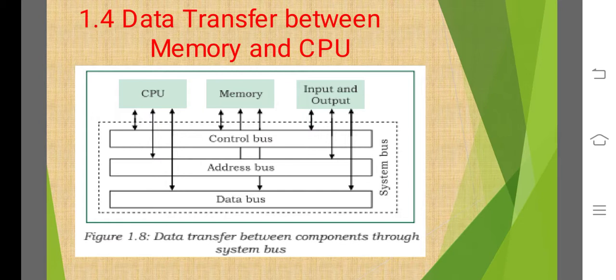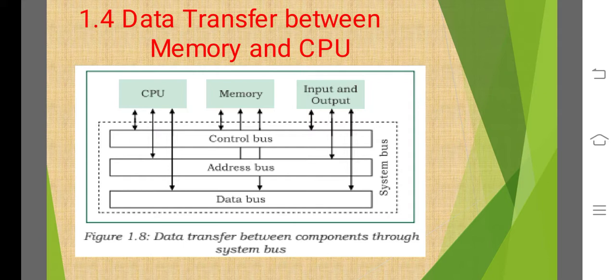See here, in data transfer between memory and CPU, in this diagram you see how the data is transferred through the bus. Data need to transfer between CPU and primary memory, as well as between the primary and secondary memory also.